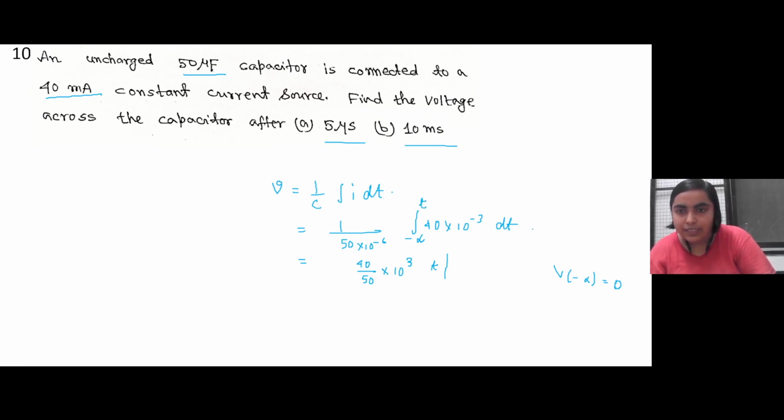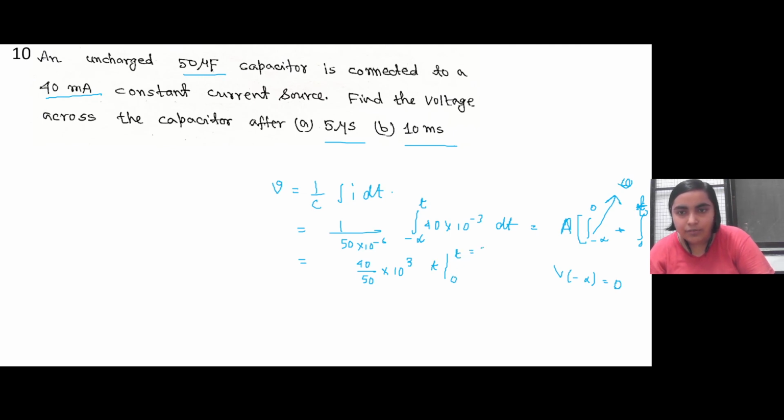Suppose the constant is a, it will be a into minus infinity to 0 plus 0 to t. The capacitor is uncharged at 0, so you have to find from 0 to the particular time t.